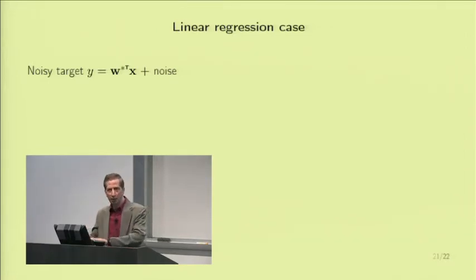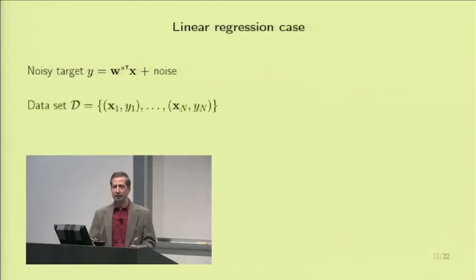This is just to make the resulting mathematics easier to handle. Now you are given a data set, and the data set is noisy. Each example is picked independently, and y depends on x, and the only unknown here is the noise. So you get this value, the average, and then you add noise to get the y.